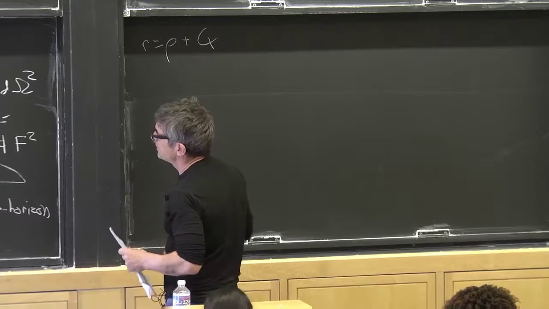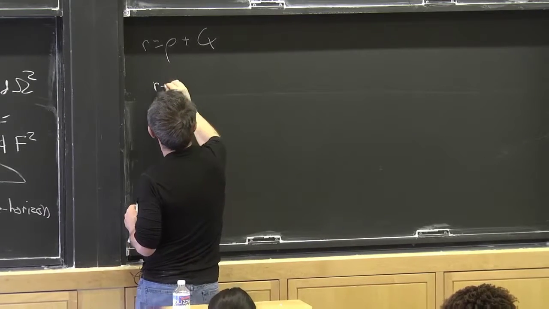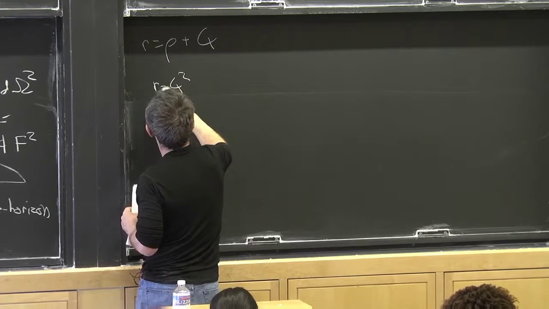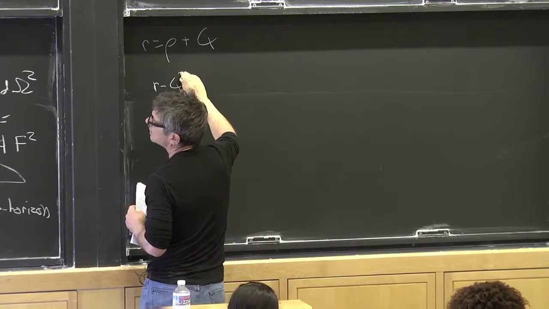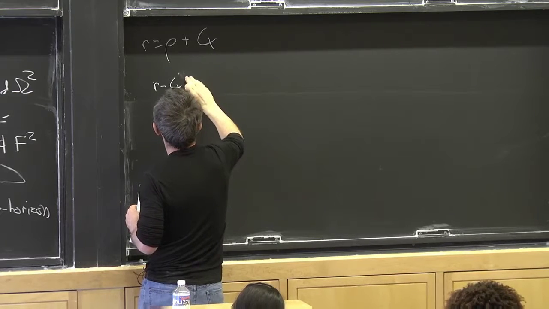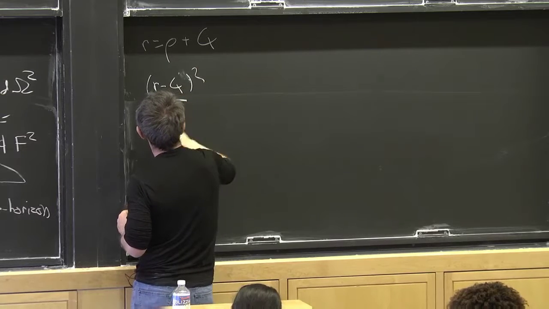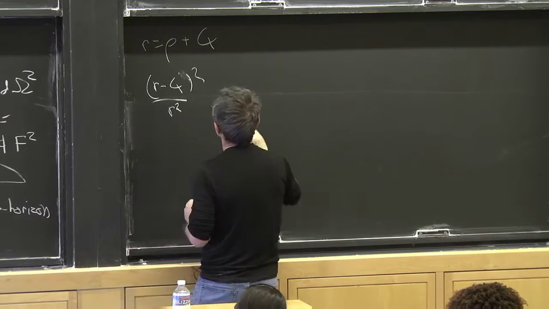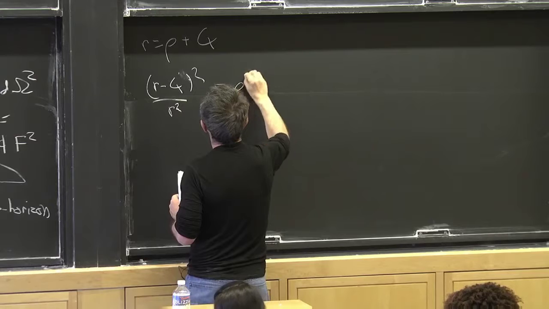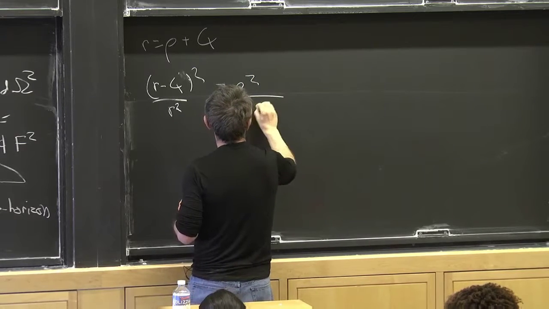The prefactor, r minus q squared over r squared, which is in front of the dt squared, becomes rho squared over rho plus q squared.